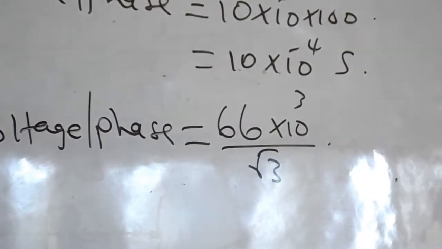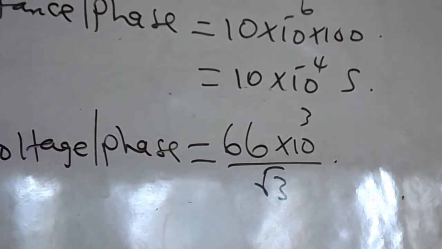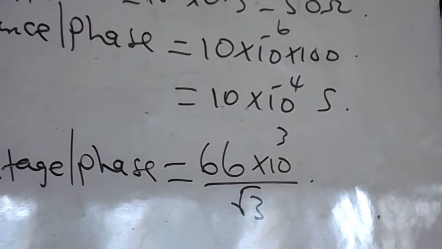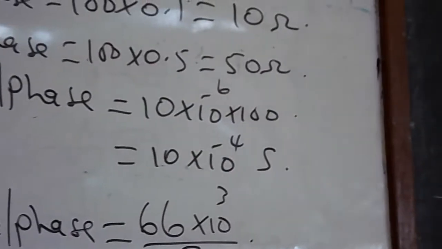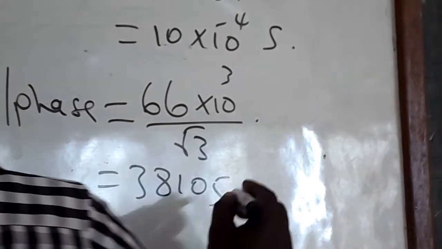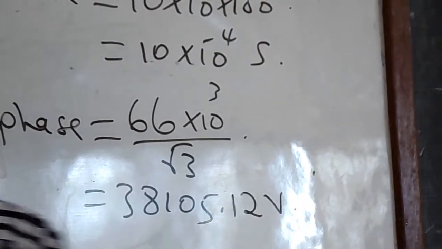When you divide that, you will get 38,105.12 volts.